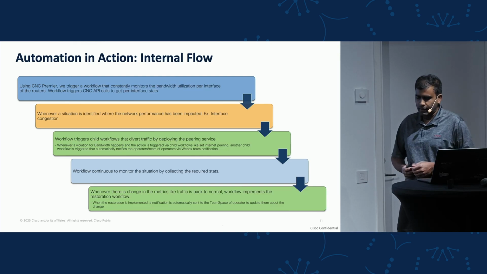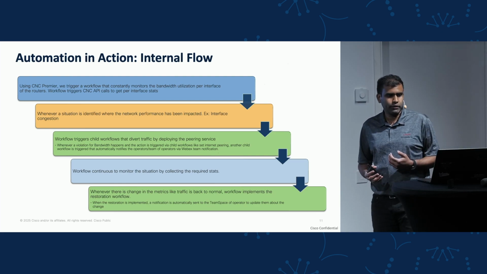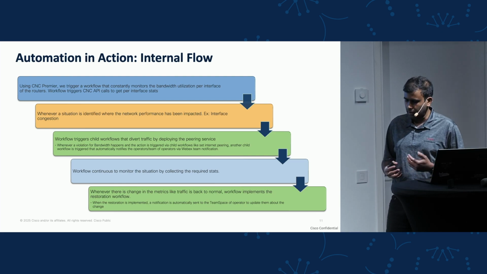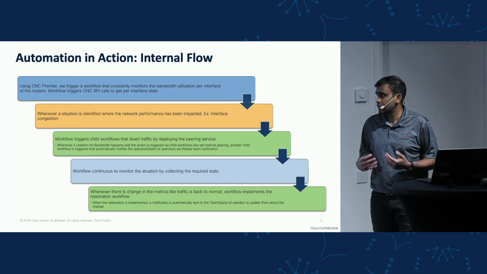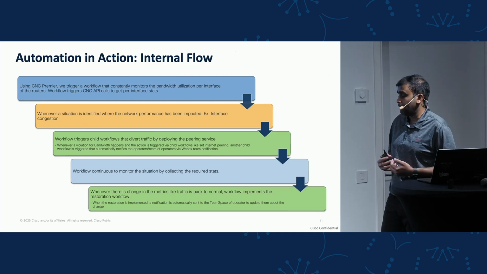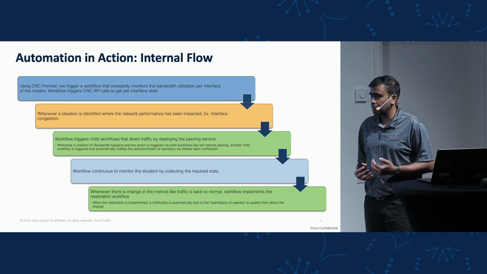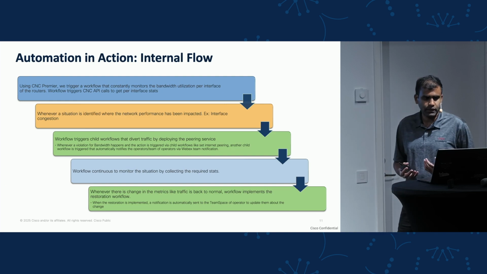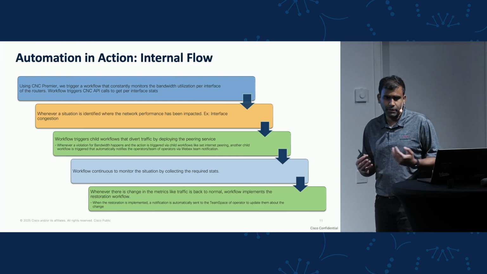So, typically, when the workflow is triggered, you are making API calls to get the bandwidth utilization per interface of the routers that you have specified, and you don't need to do the API calls again. It fetches the information that it needs.